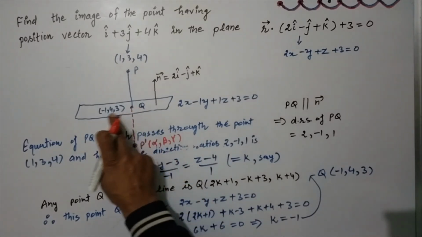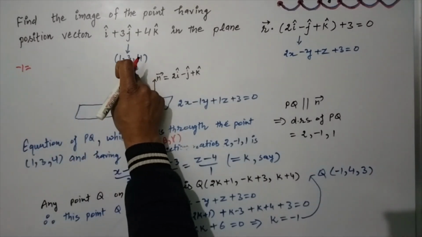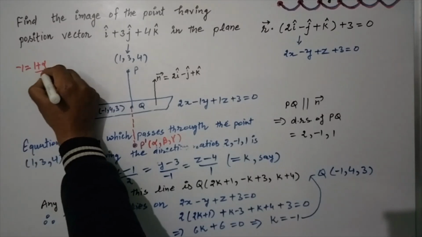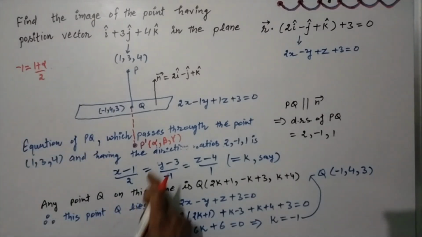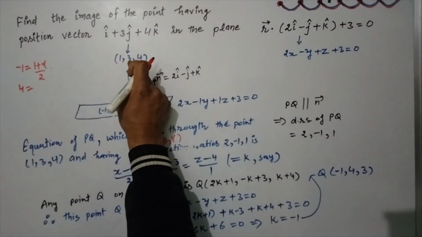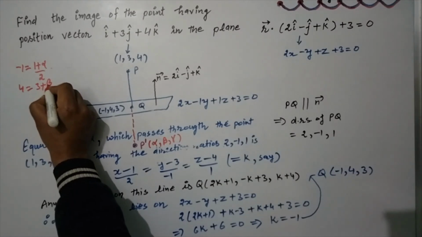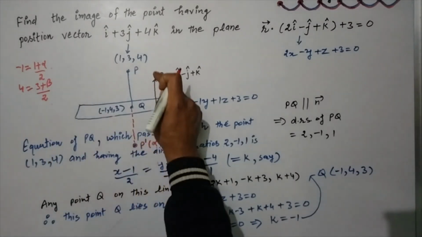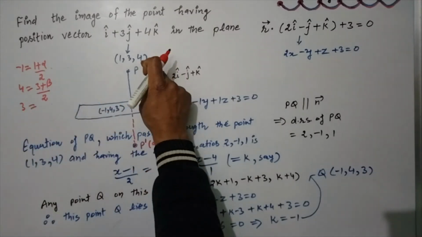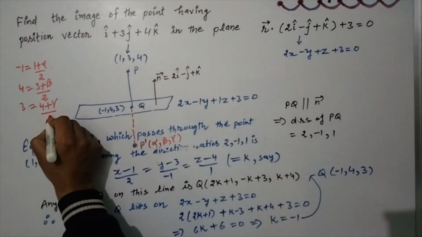So we say minus 1 is equal to (1 plus alpha) divided by 2. Similarly, 4 is equal to (3 plus beta) divided by 2. Likewise, 3 is equal to (4 plus gamma) divided by 2.